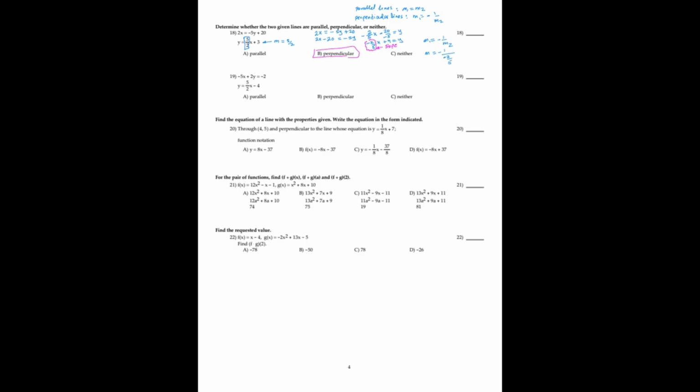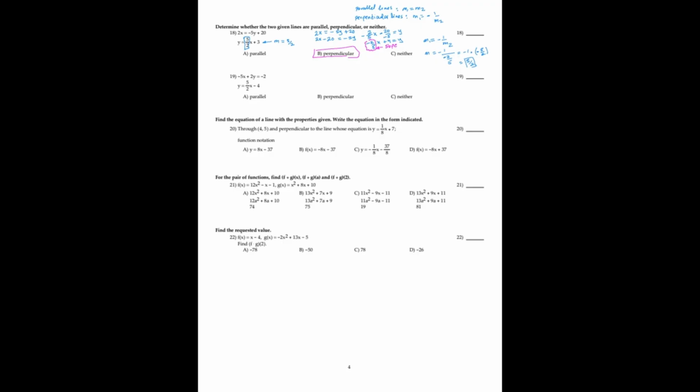So negative 1 times negative 5 over 2, negative times negative is positive, and 1 times 5 over 2 is 5 over 2. You can see I get the same thing. So it's true that this one is the negative reciprocal. You flip and reverse the sign: if it was positive you turn it negative, and if it's negative you turn it into positive. So these two are perpendicular.